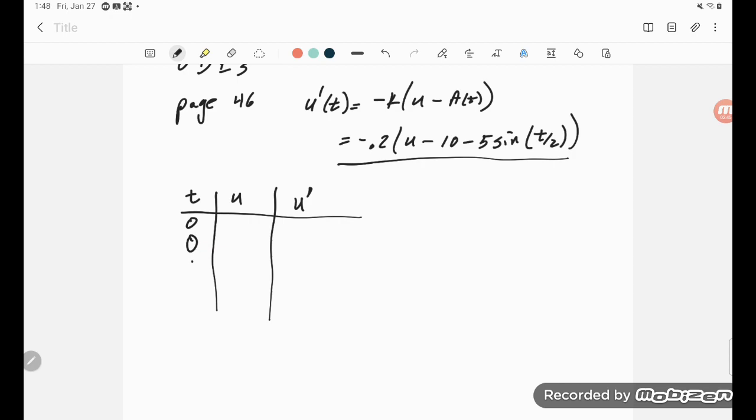Let's let t equal 0, and let's let u equal 0 or 1 or 2 to start with.